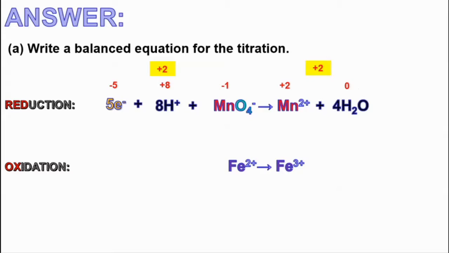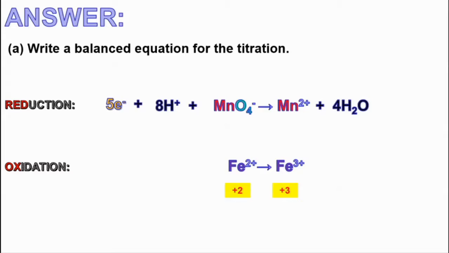Alright, good. Let's move on to the second half equation. On the left side of this equation the charge is plus 2, and on the right side it is plus 3. So how do we balance these different charges?